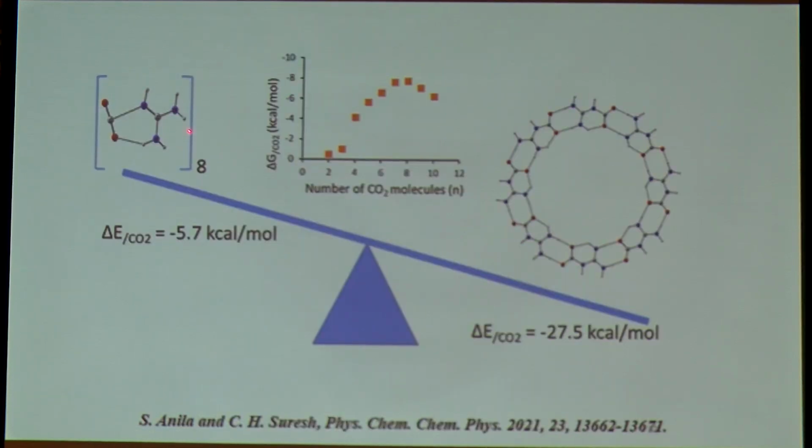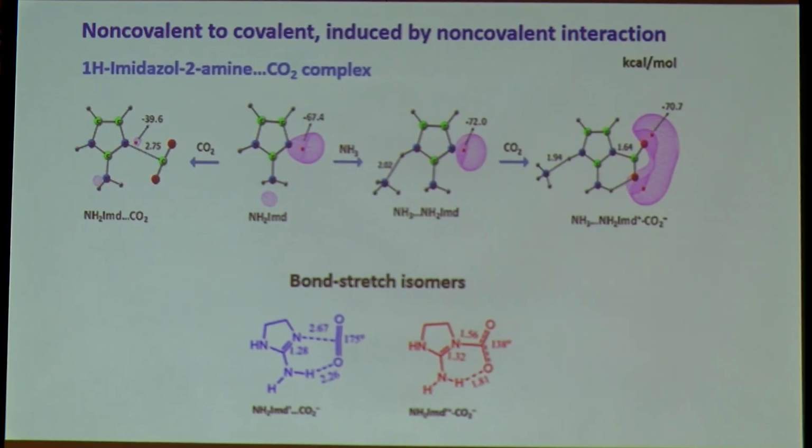And if you look at this, the value starts from minus 5.7. You can go up to minus 27.5 per CO2 interaction. And another example is the 1H-imidazol-2-amine CO2 complex. Here it is very, very interesting. This is 1H-2-imidazole. It directly interacts with the CO2. There is a 2.75.